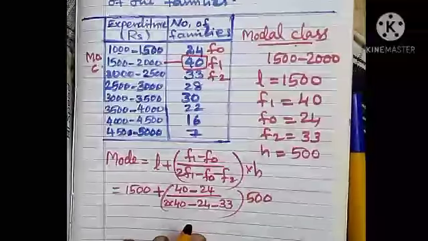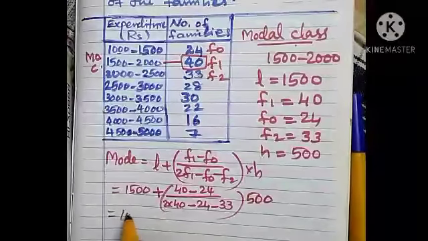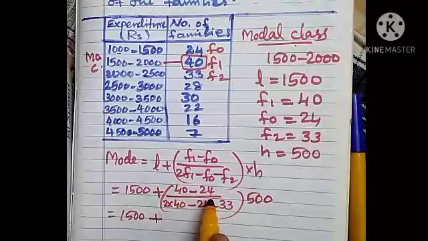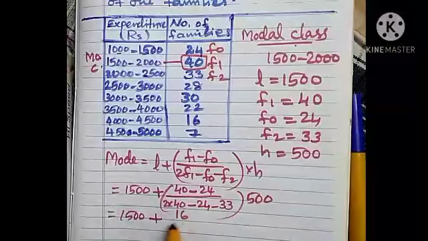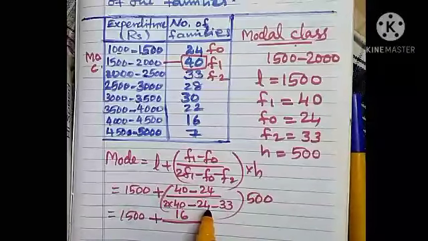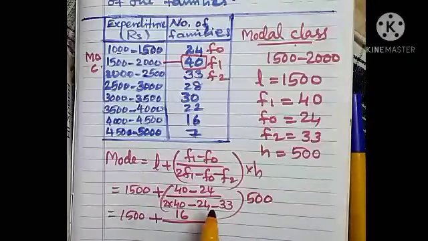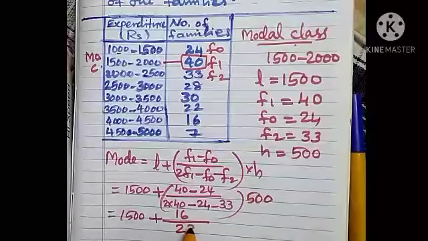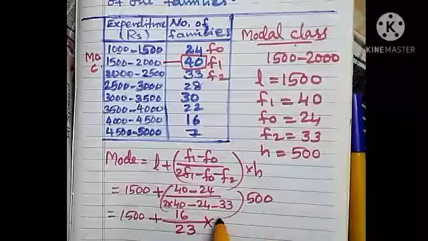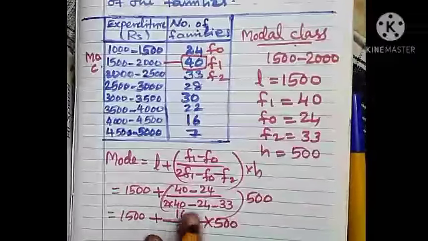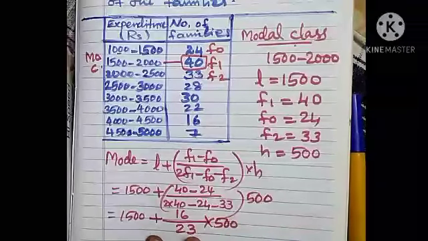Okay. Then next step, 1500 plus what is 40 minus 24? It is 16 by 2 into 40, 80. 80 minus 24, 56. 56 minus 33, it is 23. Okay. Now 16 by 23 into 500. Clear? Now after that, simplify this. 16 into 500 by 23.